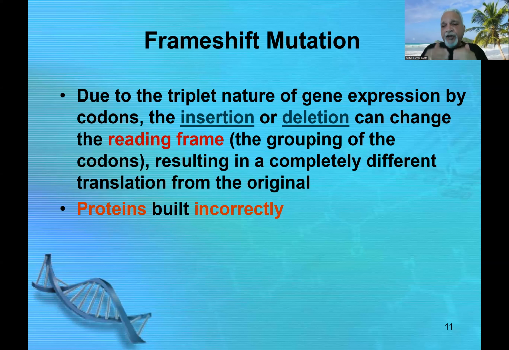And the third way of classifying is the kind of change a DNA sequence is undergoing at the molecular level. It can be point mutation, or insertion and deletion, and the impact of insertion and deletion is the frame shift.